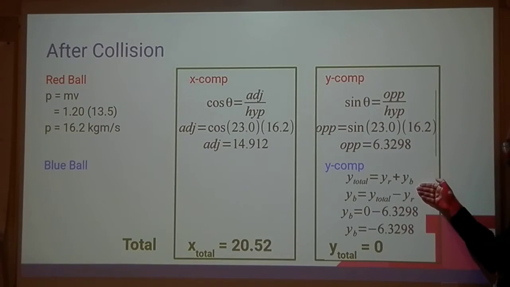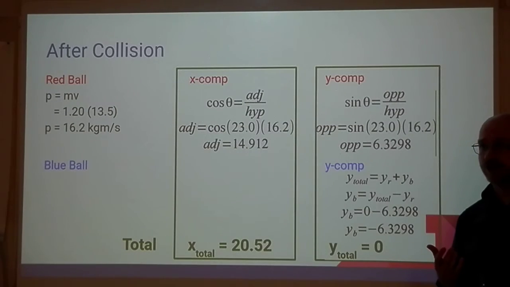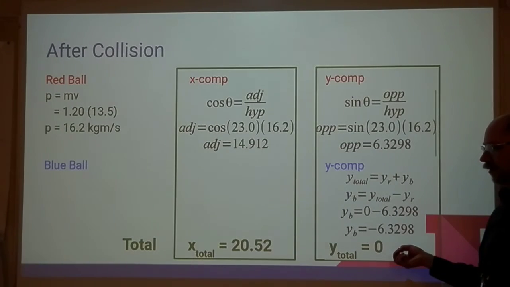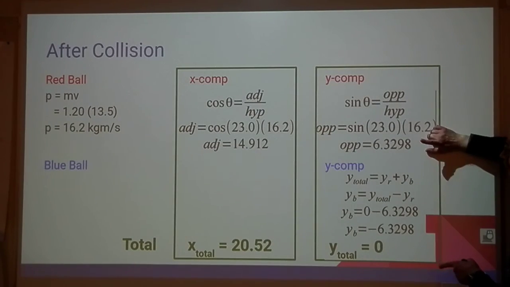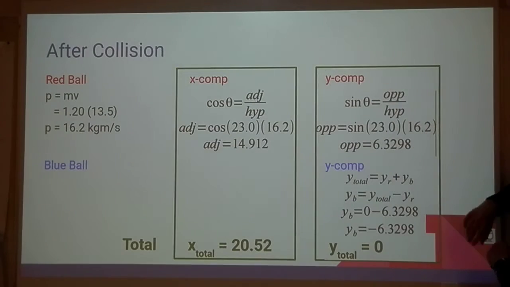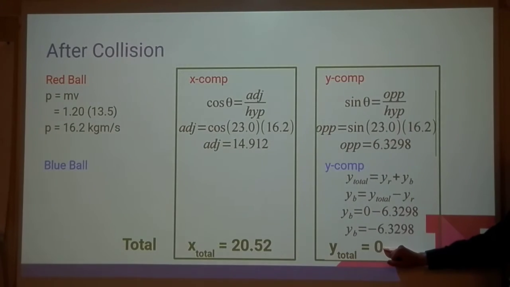This is just me showing sort of the long way of reasoning it out. And that can be helpful to you when the numbers aren't just 0, for example. But really, for this case, it is pretty fast. This y has to be exactly canceled out by the blue ball's y component, because that way they have 0 y momentum. And that comes from way back at the beginning when there was no y component.